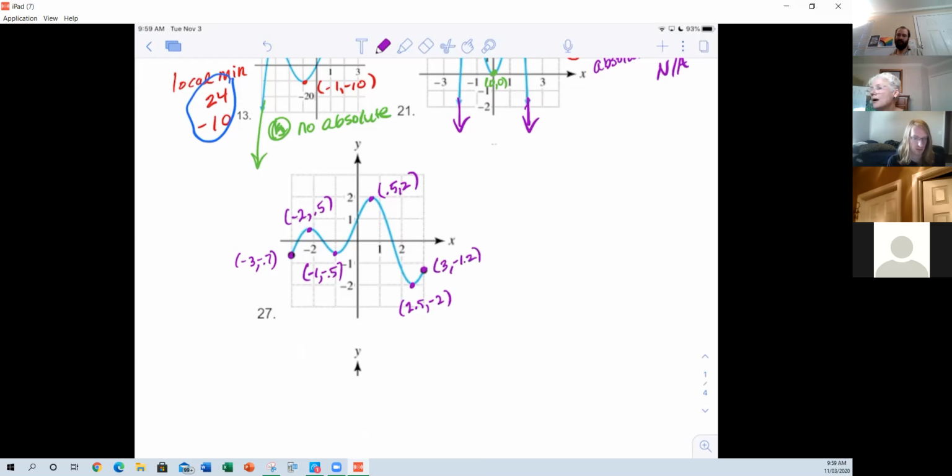Okay. So let's talk about the local maxes first. Look at the high points, look at the Y values, and look at if they're at the top of a mountain. What are the peaks?